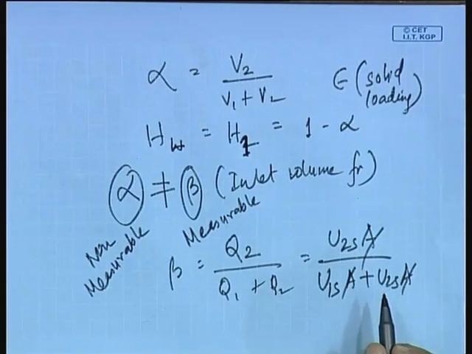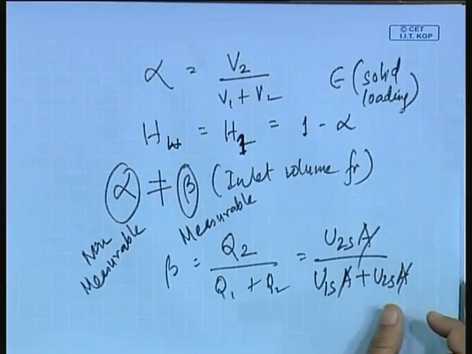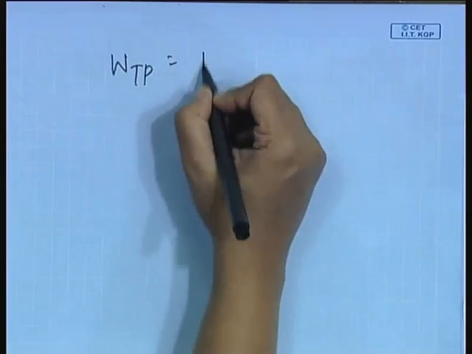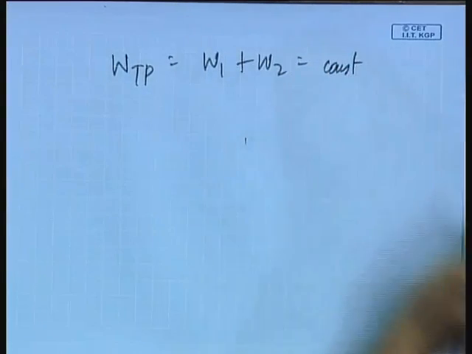Definitely it cannot be related to the in situ velocities. So, I had defined beta, and then I said particularly for condensation and boiling situations, the quality of flow also changes. That means, when the flow is flowing up, the total mass flow rate, which we can write as WTP equals W1 plus W2, is definitely constant.